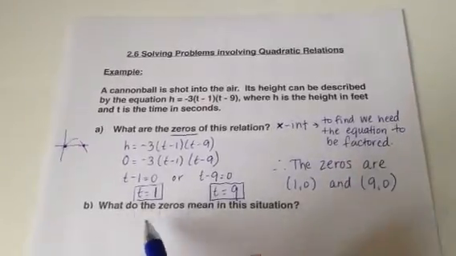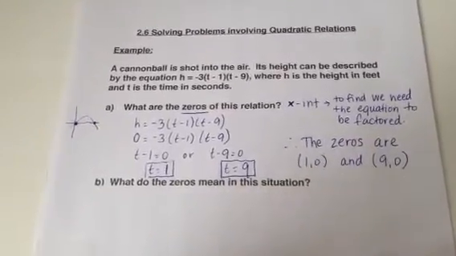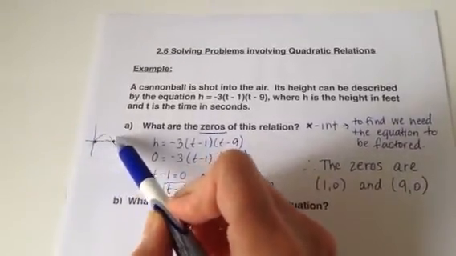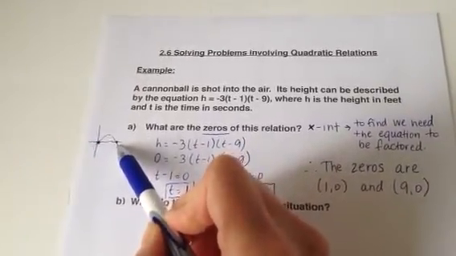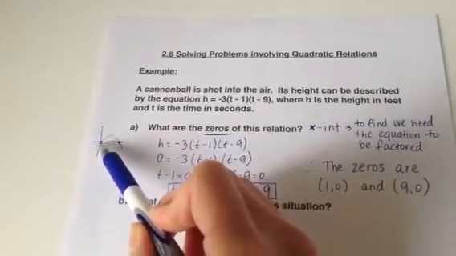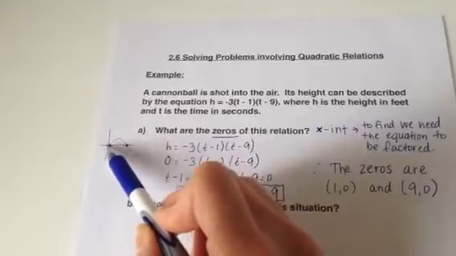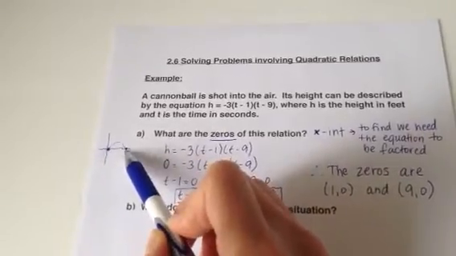Okay, what do the zeros mean in this situation? So this is a cannonball that has been shot in the air and it lands on the ground. So if you think of this as the ground and this is the height, our zeros in this case are where it's on the ground.